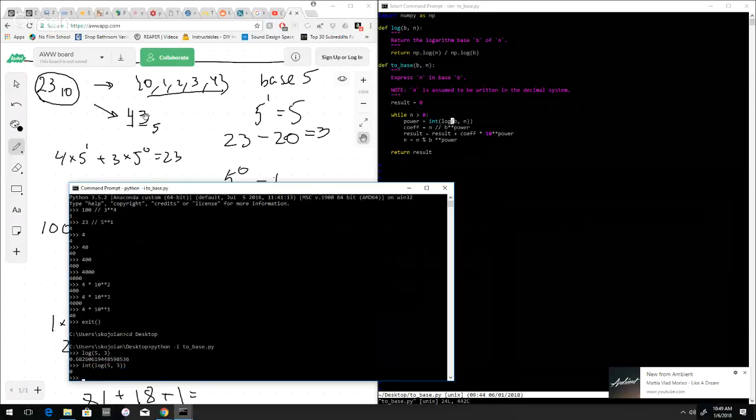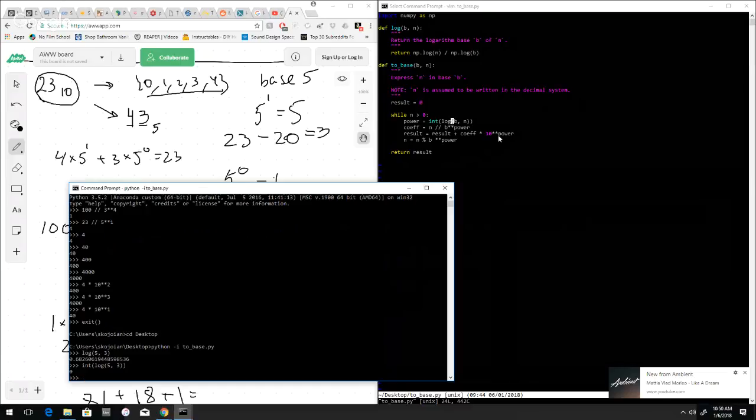So we know the 3 is going to go in the 0th place, right? What is the coefficient? The coefficient is, of course, 3, because 3 divided by 5 to the 0th power is, of course, 3. So the coefficient is 3. Power was 0. So remember, this expression tells us where that digit should go.